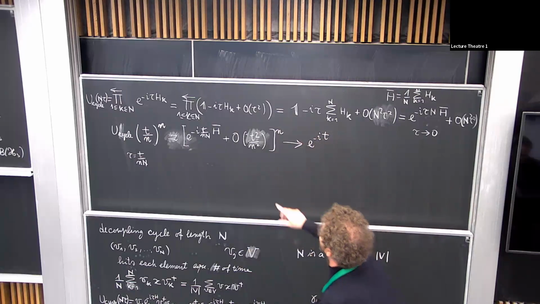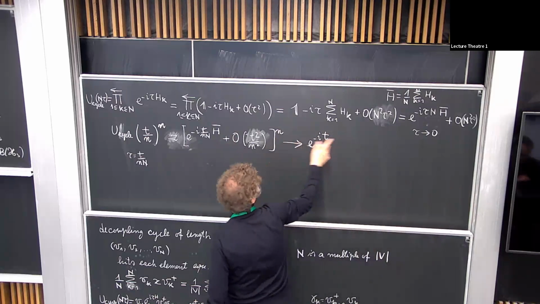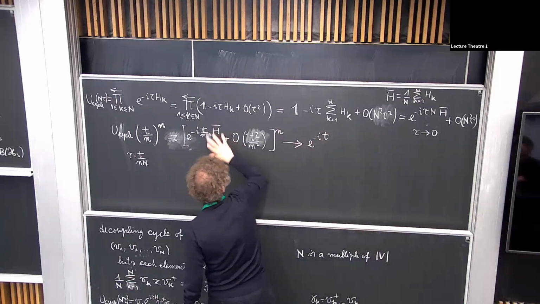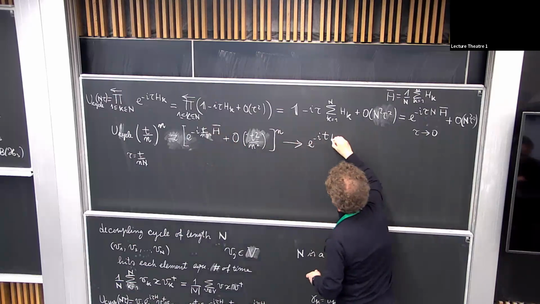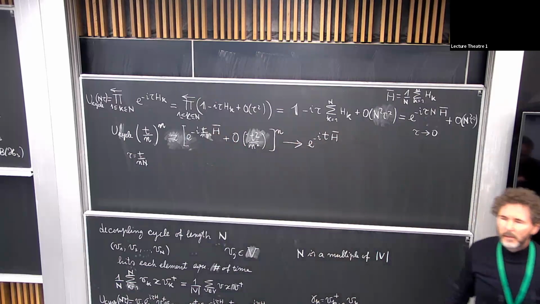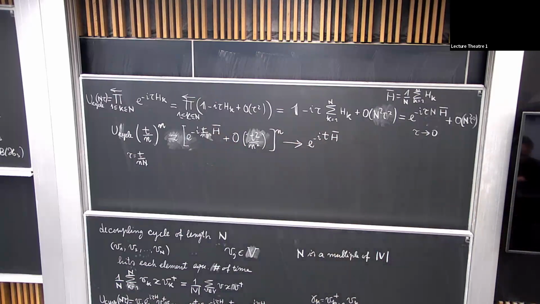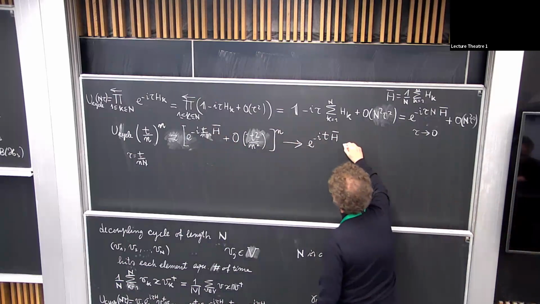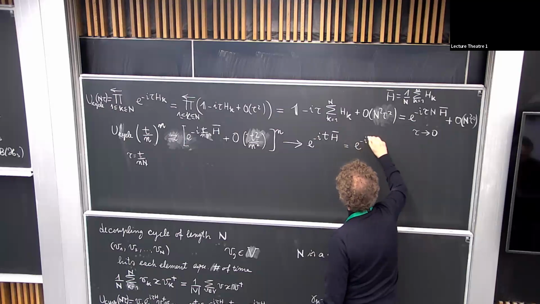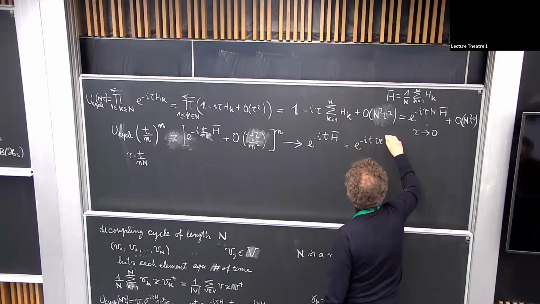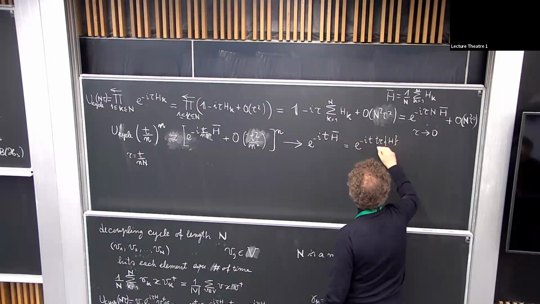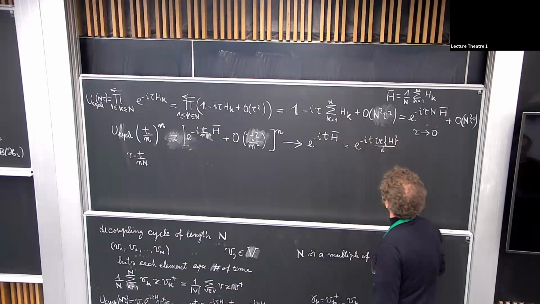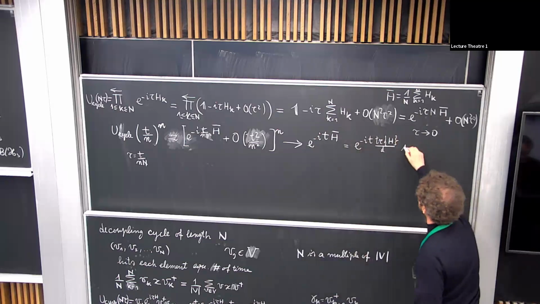Ah, yes, there is an N there. Thank you. T h bar, which is a phase, as I told you. So this is nothing but e to the minus i t times the trace of h over t, times the identity.